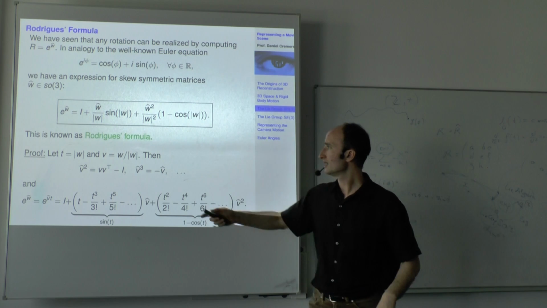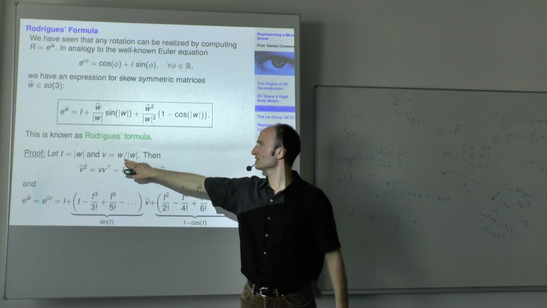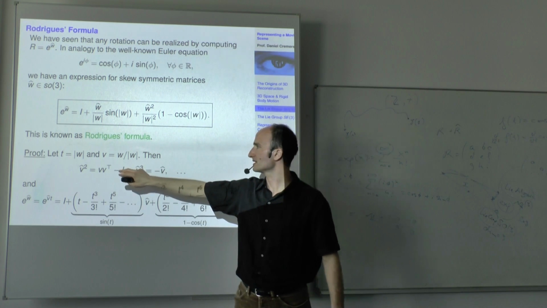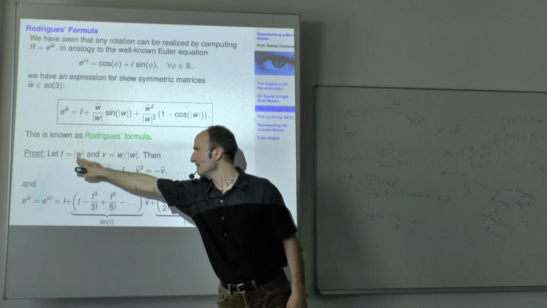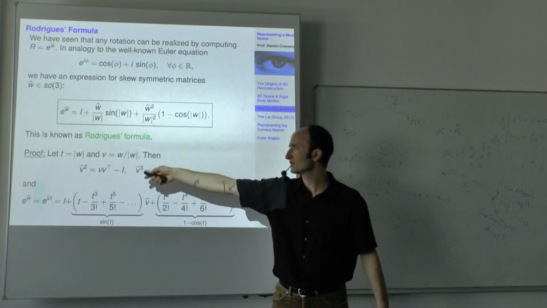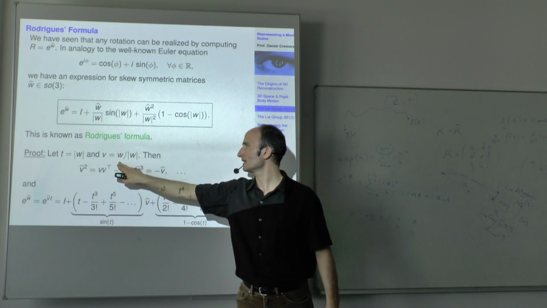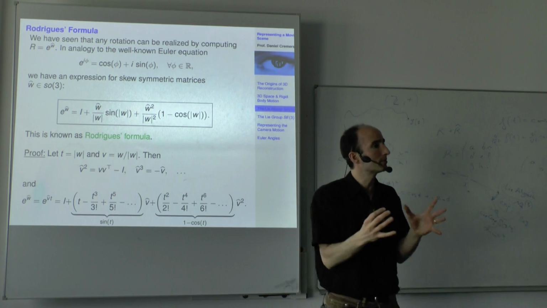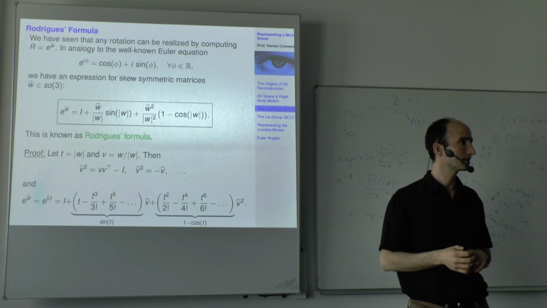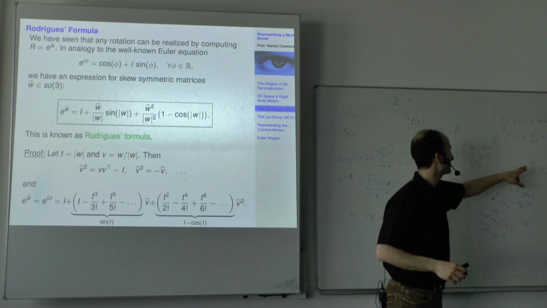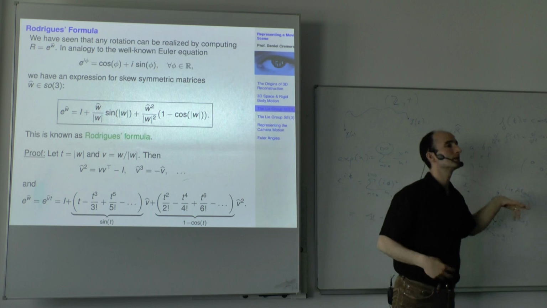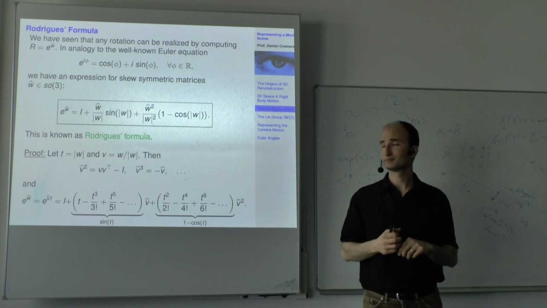What you can show, let's say we have a skew-symmetric matrix of unit length. So we take any vector W, the length of it we call T, and we divide out the length here. So V hat is the normalized skew-symmetric matrix, the skew-symmetric matrix where these three elements form a unit vector.